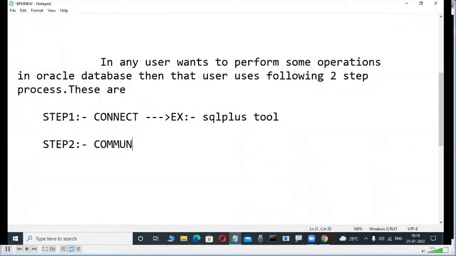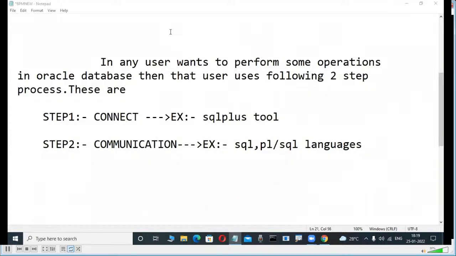Communication. Communication means, for example, SQL and PL/SQL languages. Some languages are there.